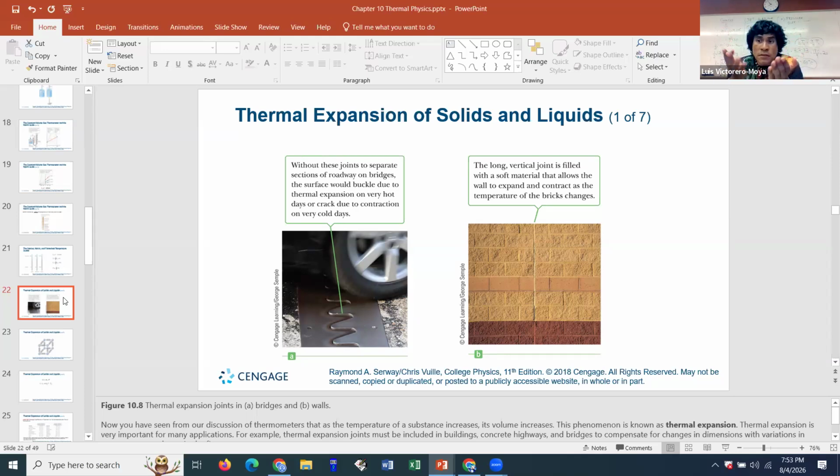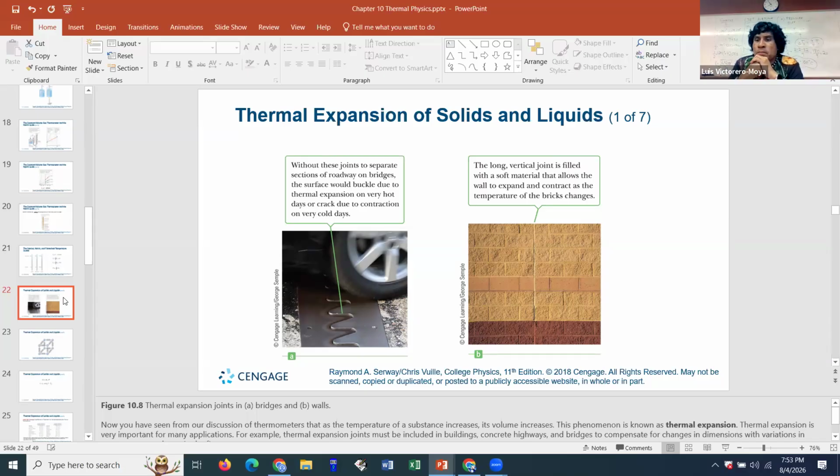And when the day cools, at night, it will contract back to its original length. So whenever we're building roads or walls, we have to take that into consideration. Also, when they freeze during winter, when we build a bridge, we have to take into consideration the frozen temperatures, which are going to cause contraction, and thermal expansion during a hot day of summer.